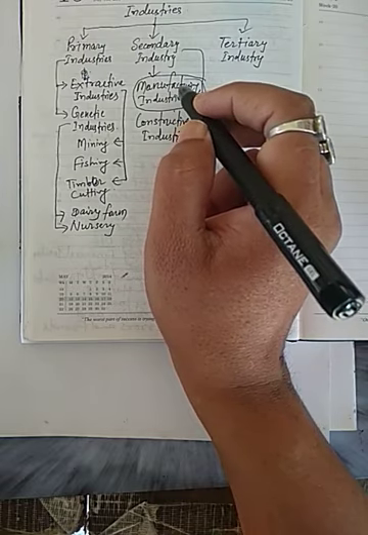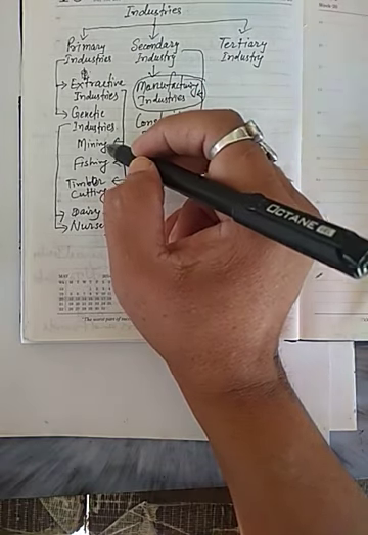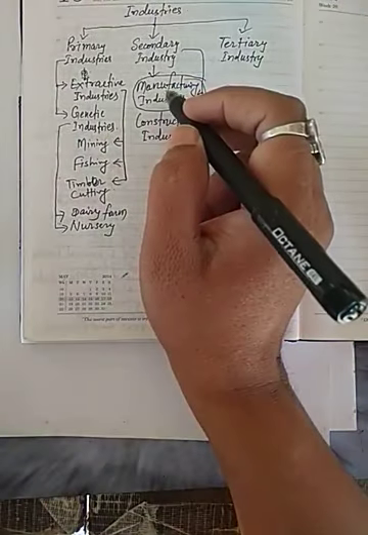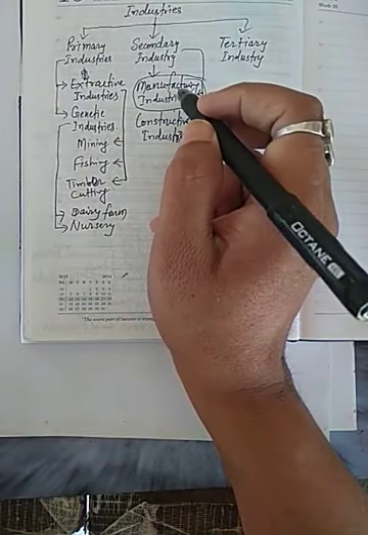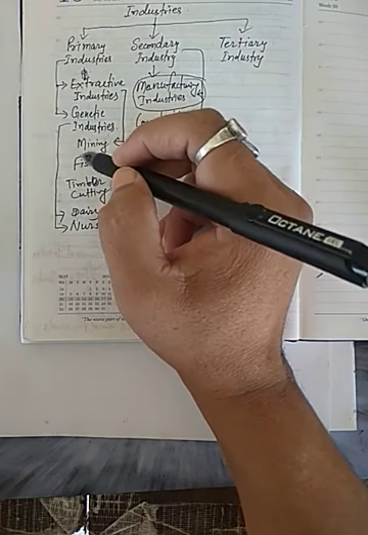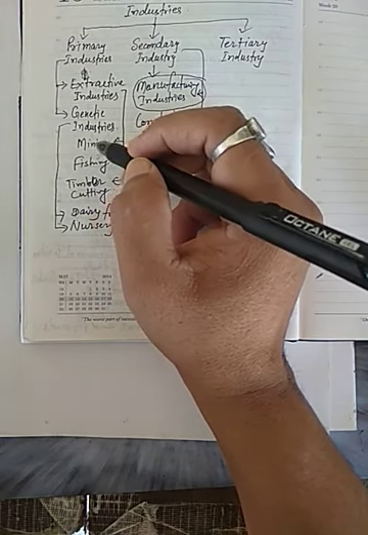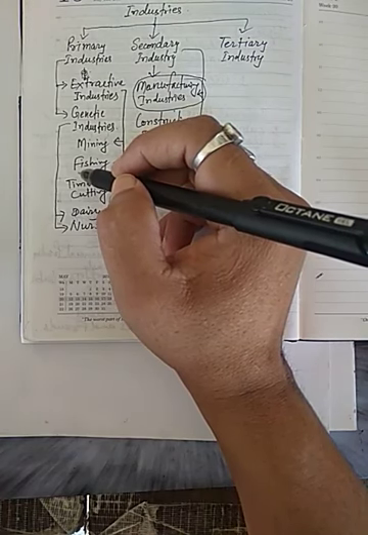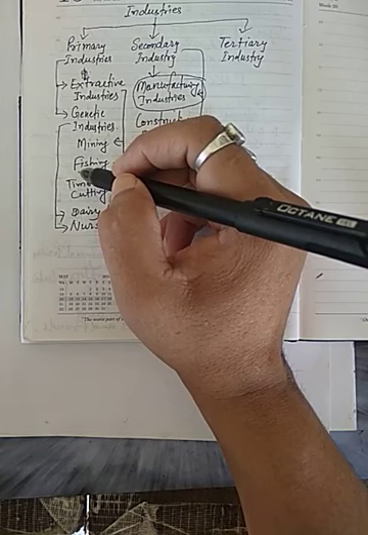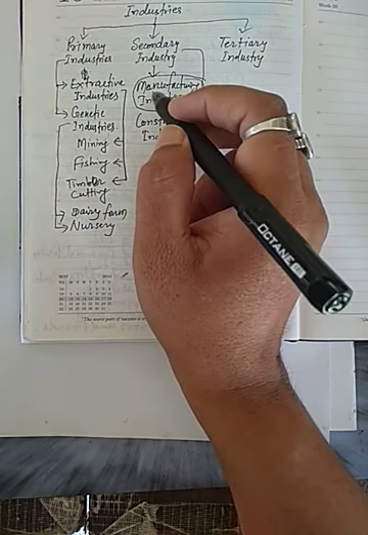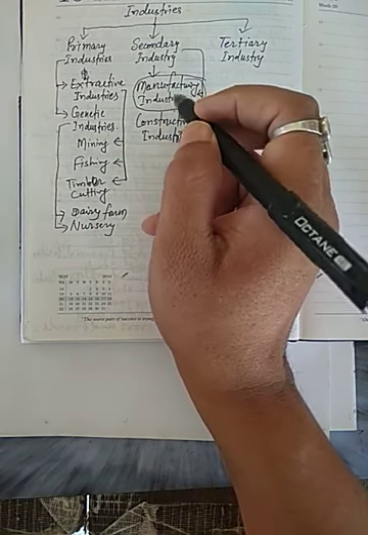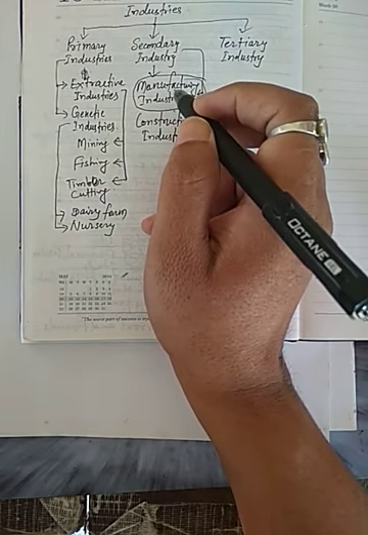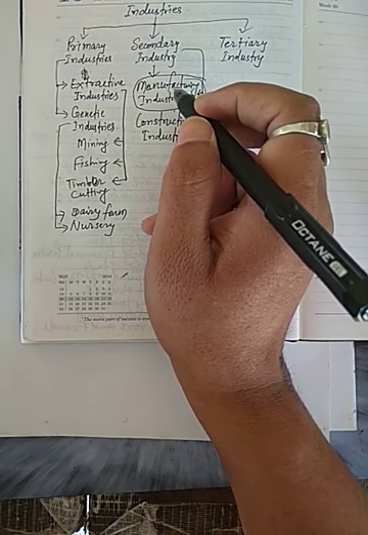Iron into steel, from iron it is converted into steel. Sugar cane brought from primary industry is converted into sugar. Cotton into cloth, etc. are examples of manufacturing industries.